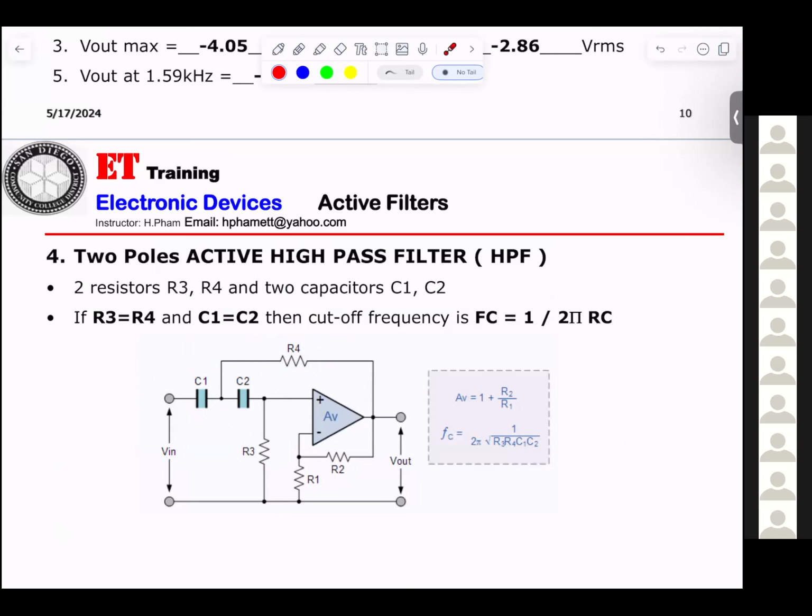Mr. Pham, real quick question. Yeah. So, say for one pole, C1 goes with R4 and C2 goes with R3. Is that correct? You're talking about 1 pole or 2 pole? The one you got on the screen right now. So C1 goes with R4 and C2 goes with R3. Is that how it goes? That's what I think. Okay. Right, right.